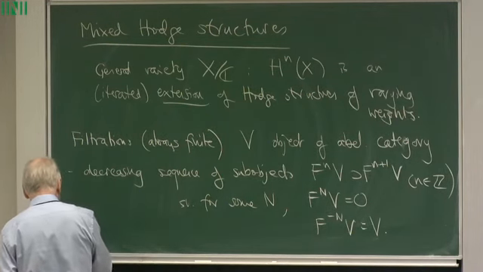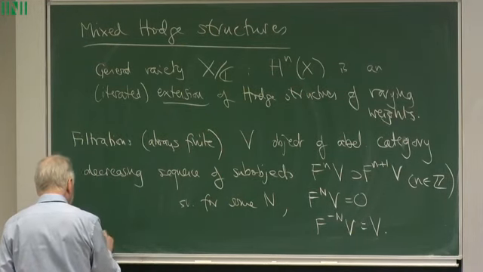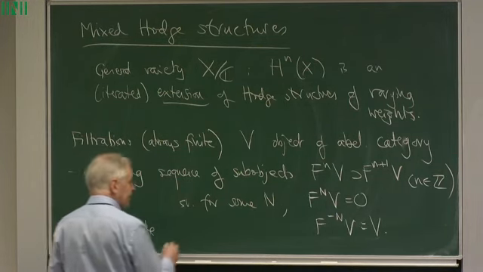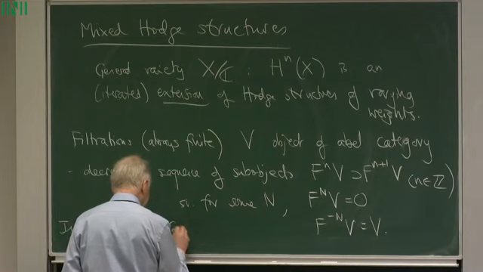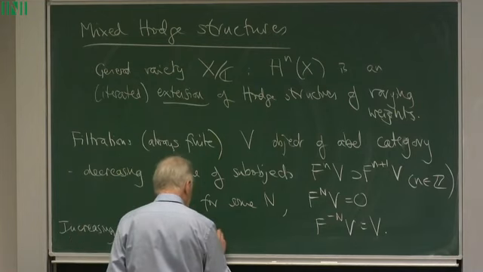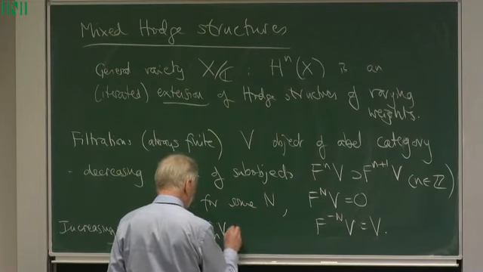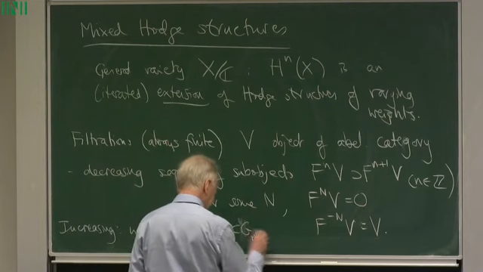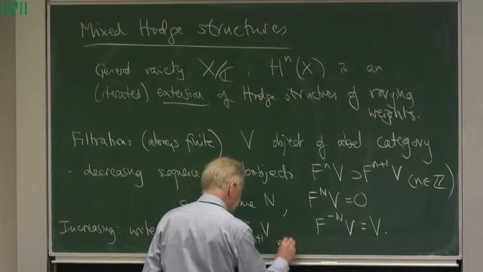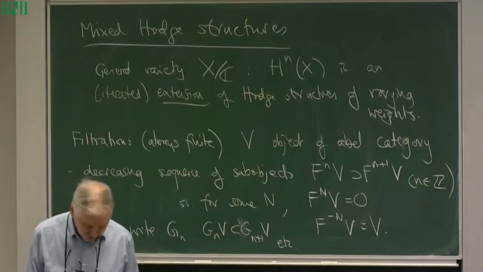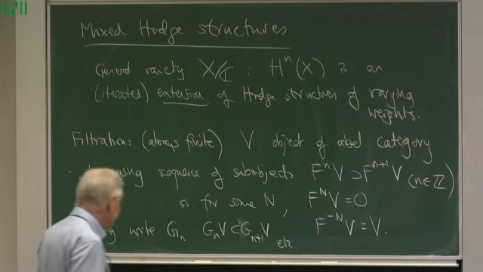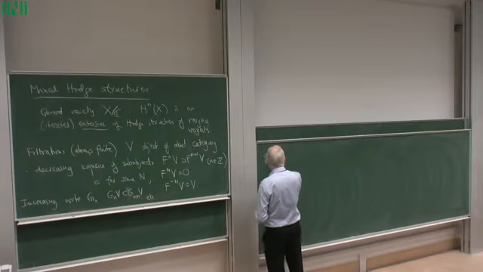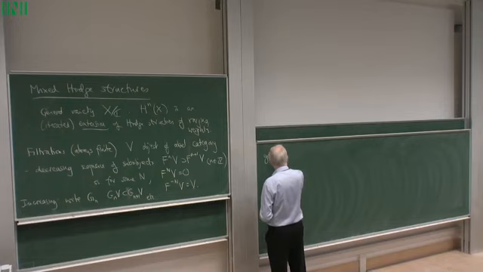And then for increasing filtrations, we just write the index at the bottom. So we have G_n V, which is contained in G_{n+1} V, etc. And then one has the associated graded objects, which we have to be careful how we write them.